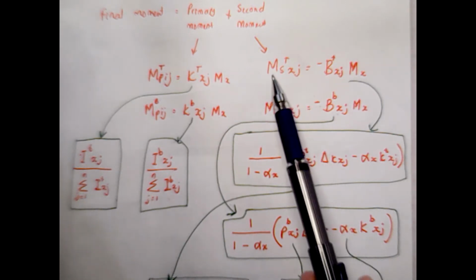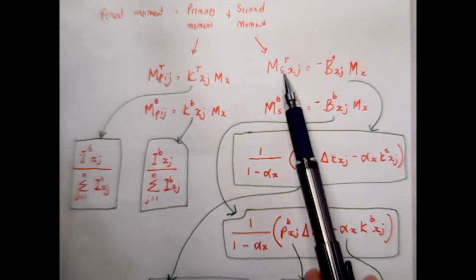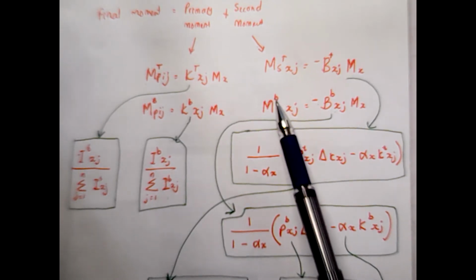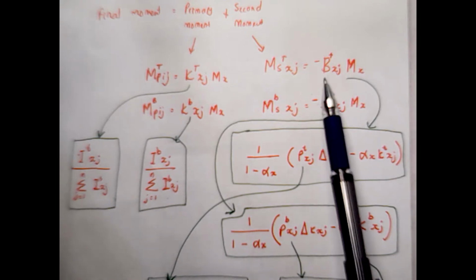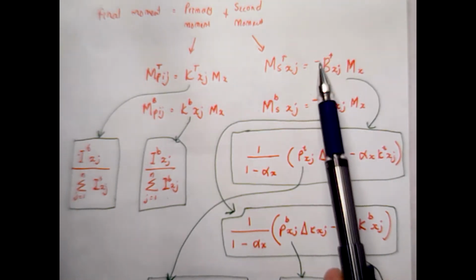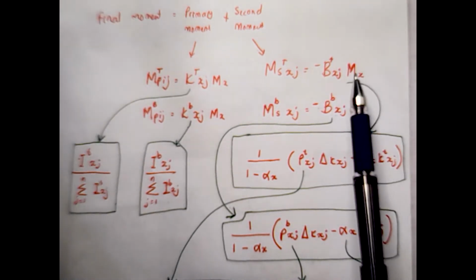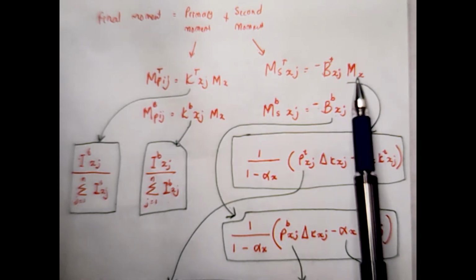Again, I repeat: secondary moment at top about the x-axis for wall J, and secondary moment at bottom about the x-axis for wall J. The formulation is the distribution factor times Mx, where Mx is your external moment.